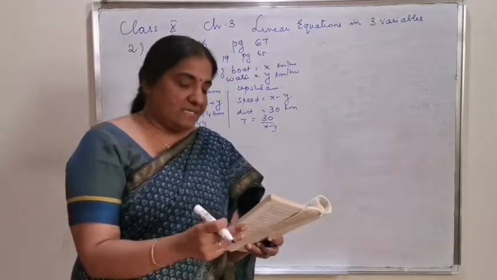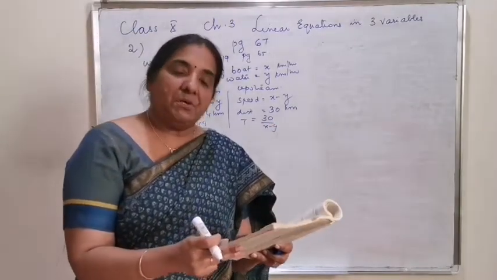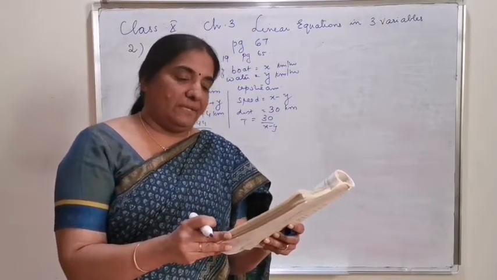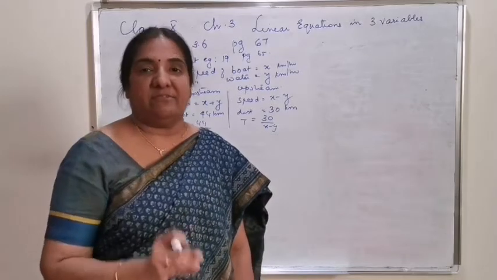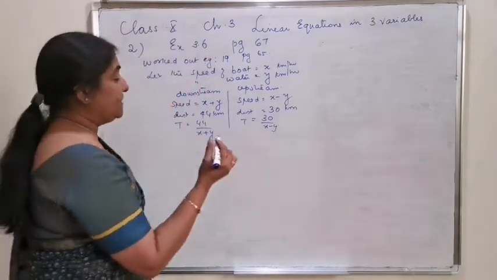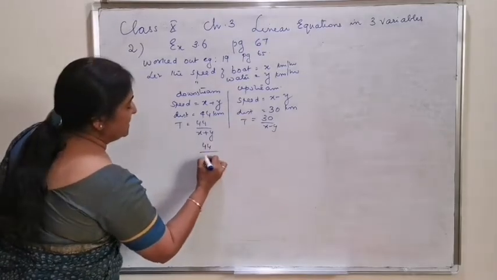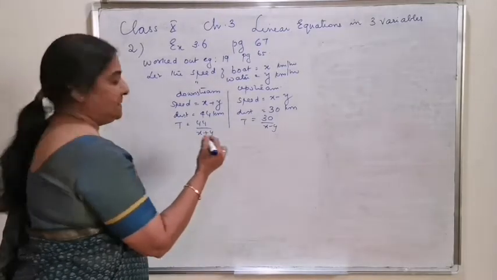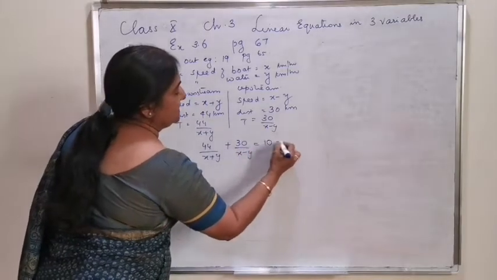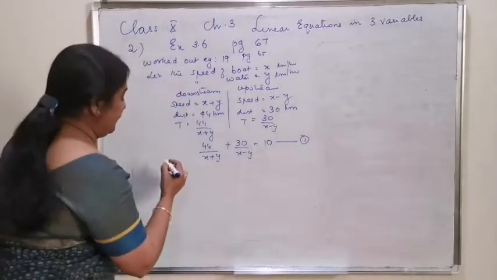This question says that a boat goes 30 km upstream and 44 km downstream in 10 hours. That means the total journey takes 10 hours. So what is the first equation? First equation is 44 by x plus y plus 30 by x minus y is equal to 10.